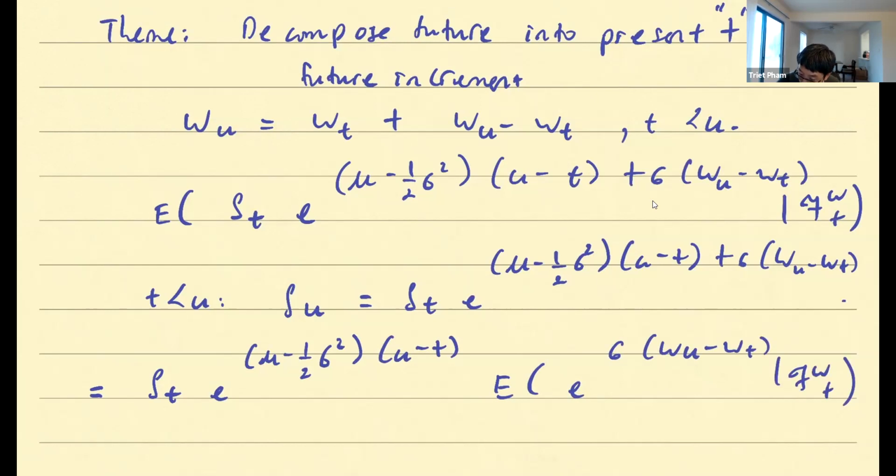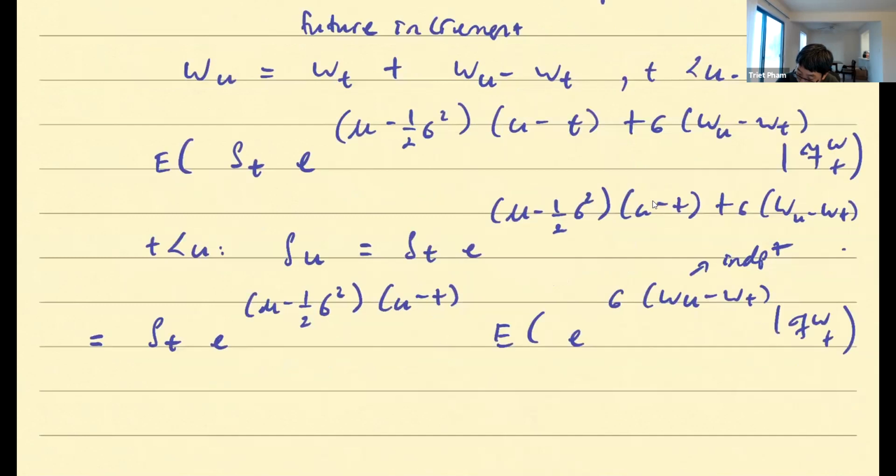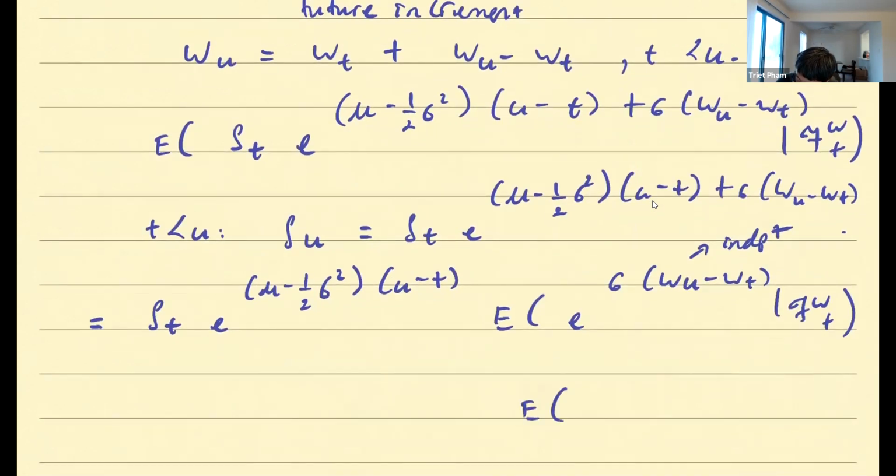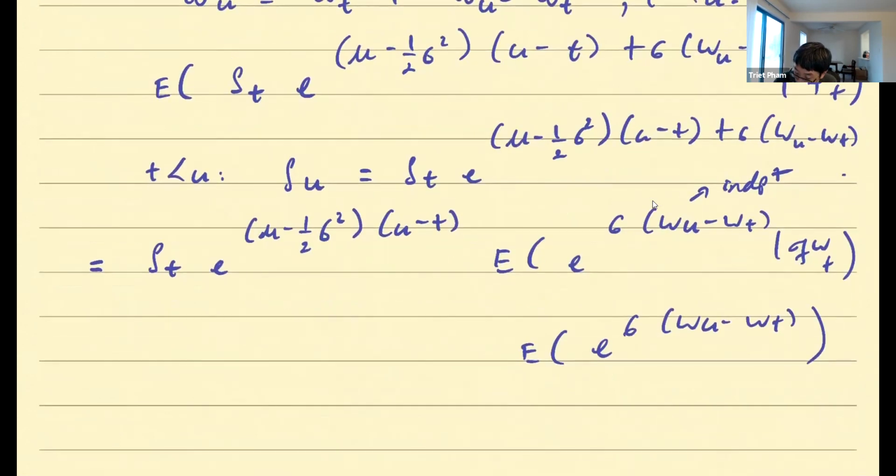But this is the future increment of Brownian motion, so it's independent of the present, right? So this is independent of the present information. So this just breaks down to a pure expectation, which will be equal to e to the 1/2 sigma squared (u minus t).